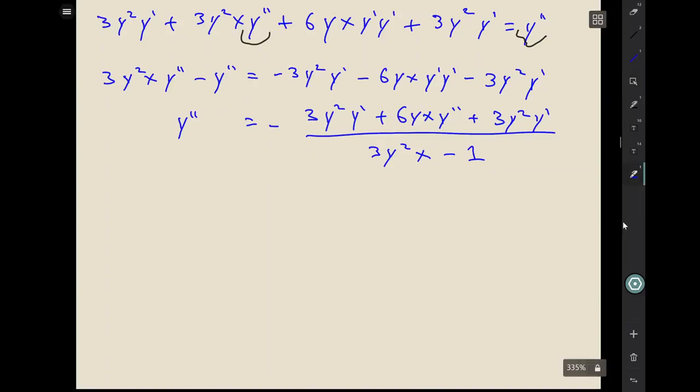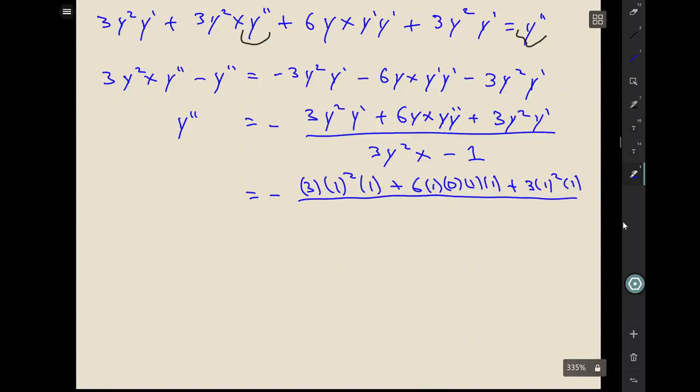And I wrote this one wrong. I meant to just write another y in here. So it's y prime times y prime. And subbing in the right values, so I'll leave the negative sign up there. We've got 3 times 1 squared times 1. Here, this term is going to disappear because we've got a 0. And then we've got 3 times 1 squared times 1.